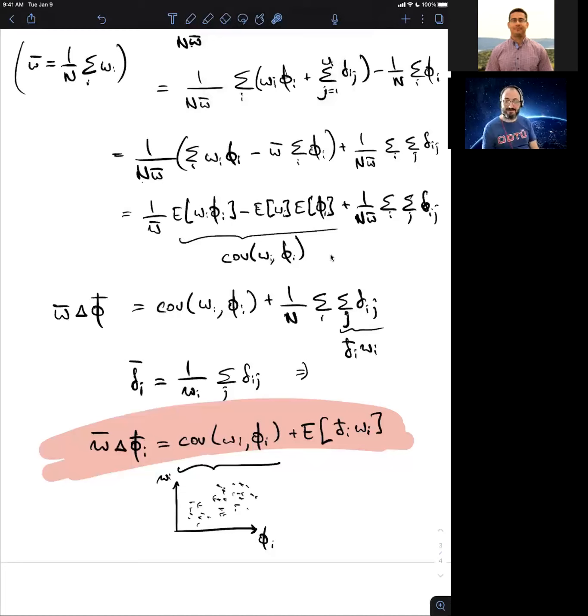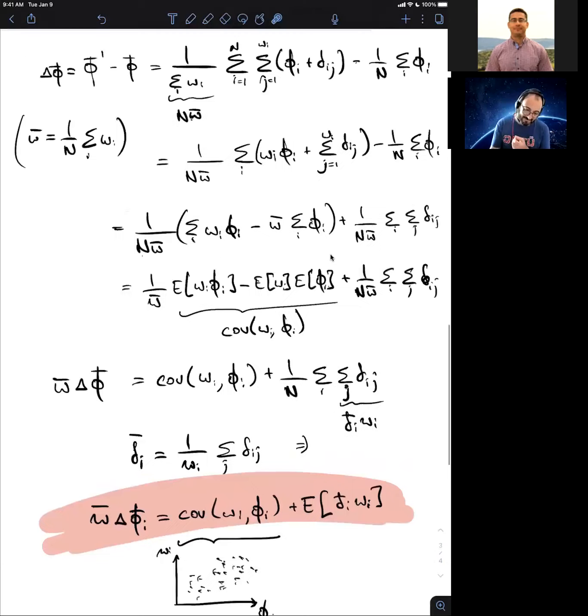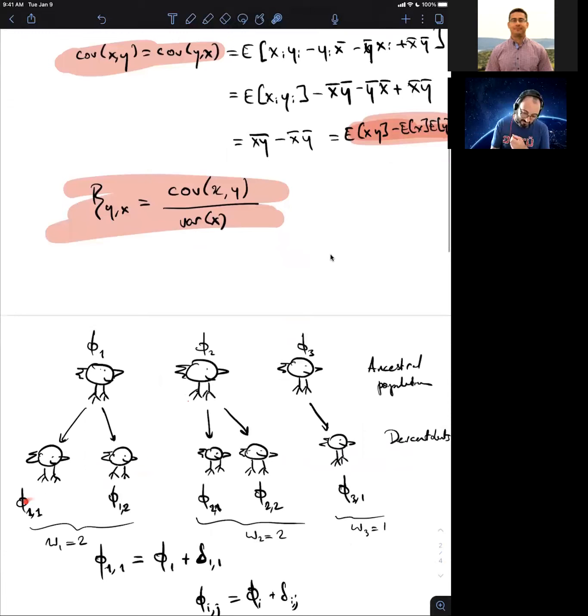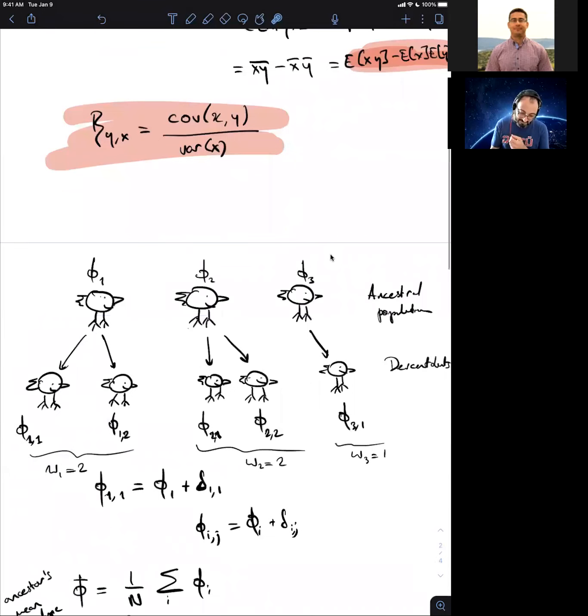Okay, this term is hard to understand. It has a subtle meaning, to the extent it has meaning at all, because of the way we define this delta bar. We expressed all the offspring phenotypes as deviations from the parental phenotype, and then we took the mean.